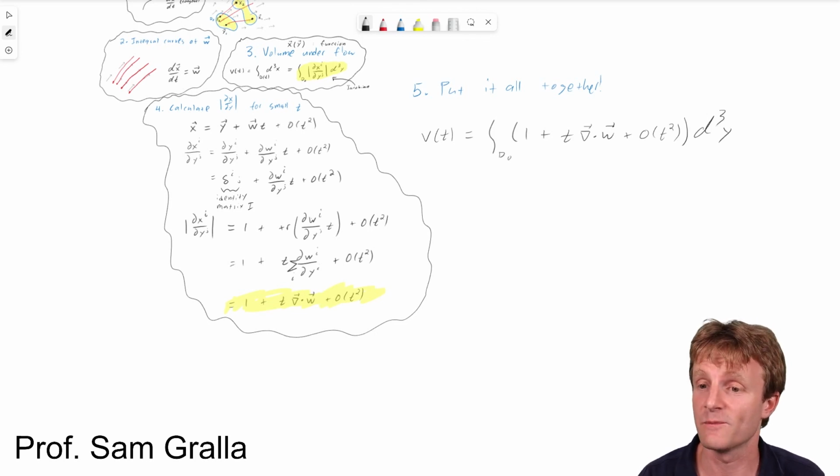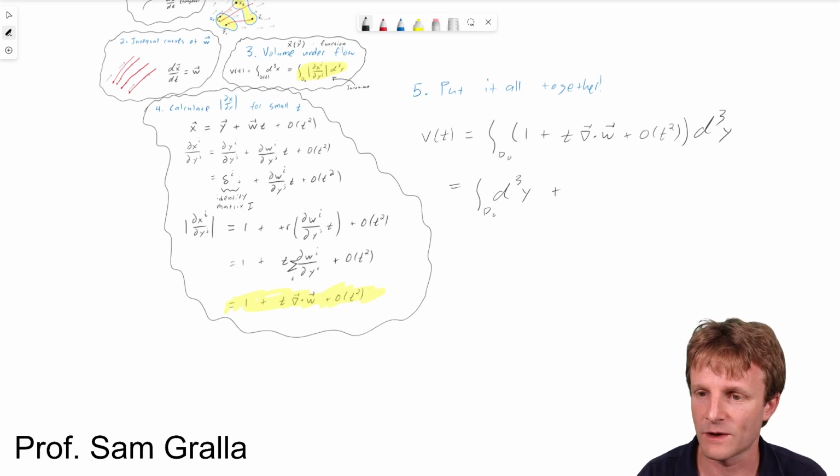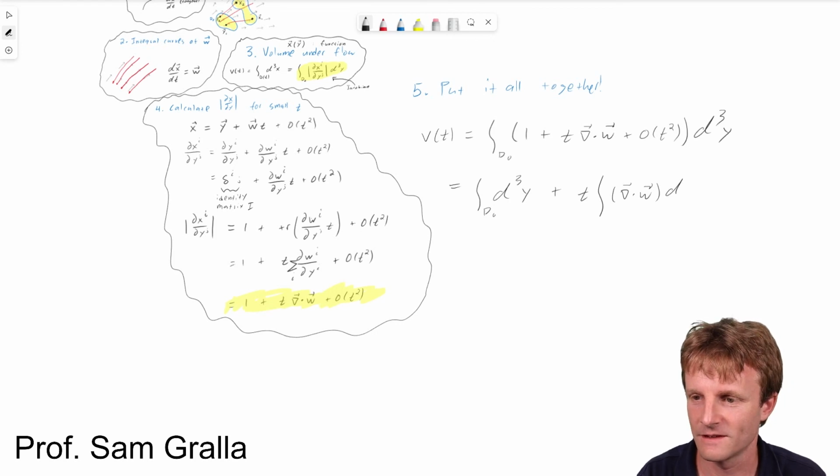So all I've done is combine the two formulas. Now let's use the linearity of the integral. The first term is the integral over D_0 of d^3y. And then the next term is, we'll pull out t, the integral of the divergence of w d^3y, and then order t squared.